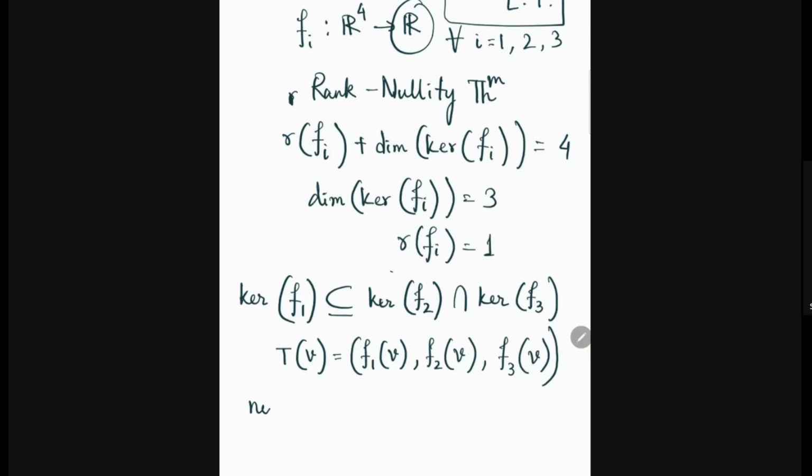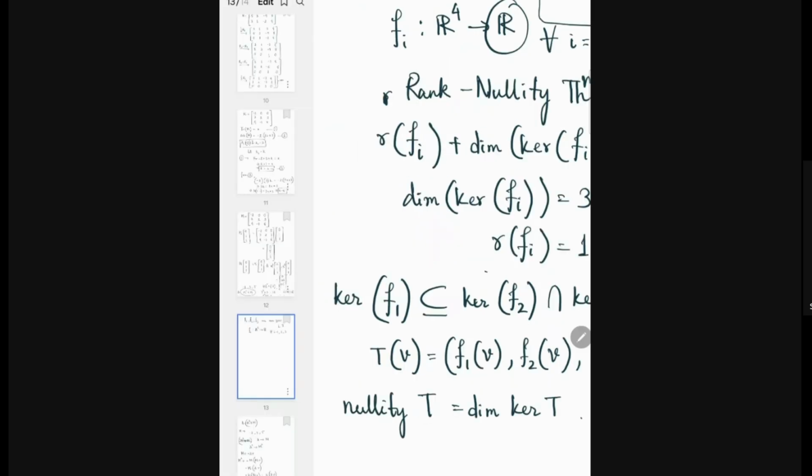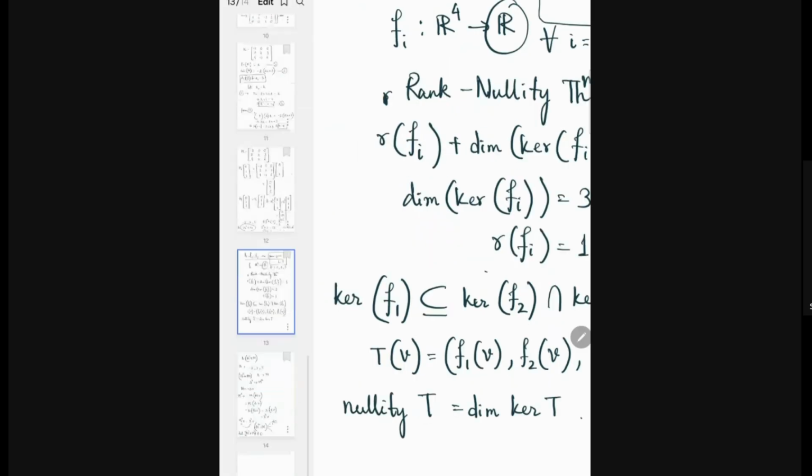Nullity of T is the dimension of kernel of T, and kernel of T means T of V is equal to 0.